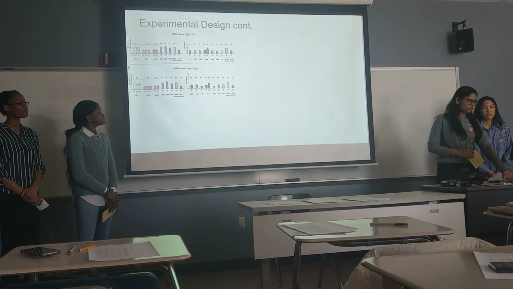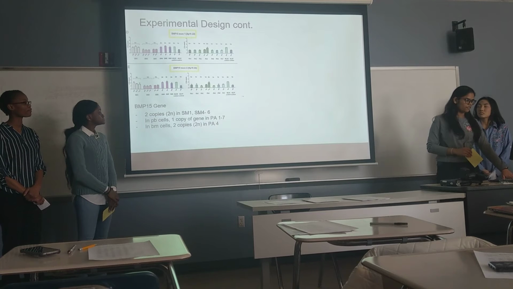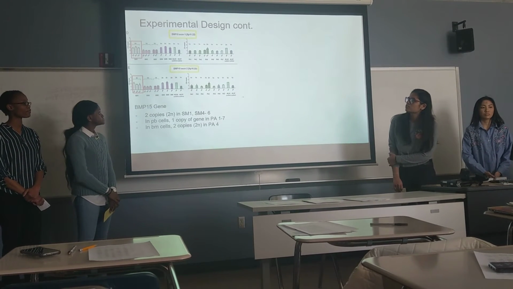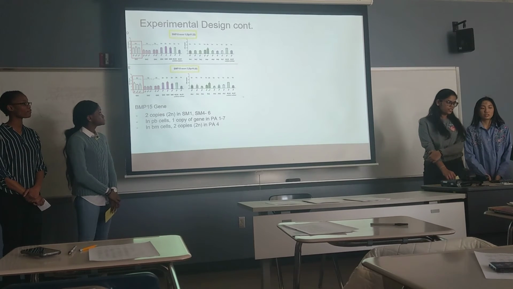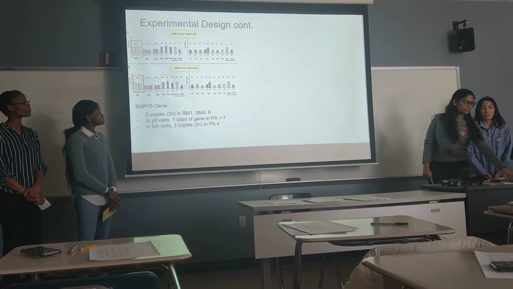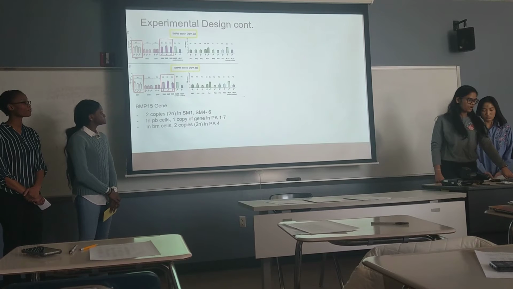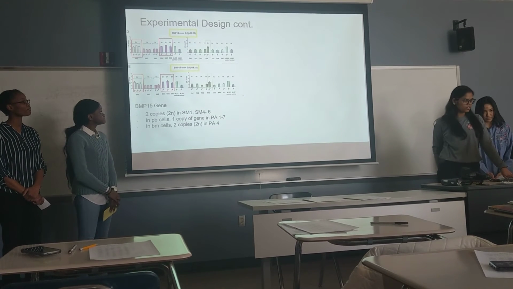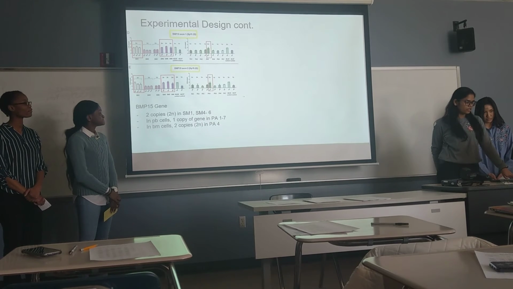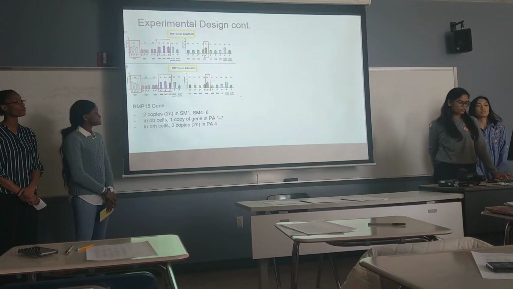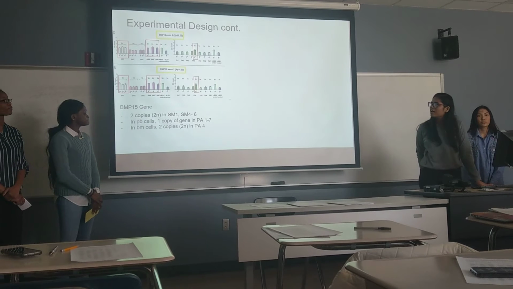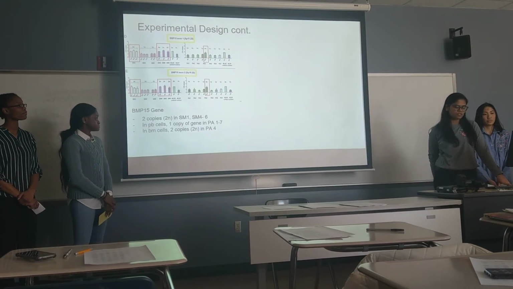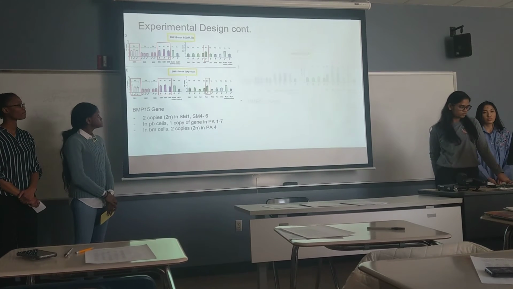The gene copies identified were: in SM1 patients, there are two copies of the gene, and 2 copies in SM4, SM5, and SM6, while SM2 and SM3 have only 1 copy of the gene. In the PA patients, there's an observation where a PA patient with buccal mucosal cells had 2 copies of the gene, while in peripheral blood cells, there's only 1 copy of the gene.